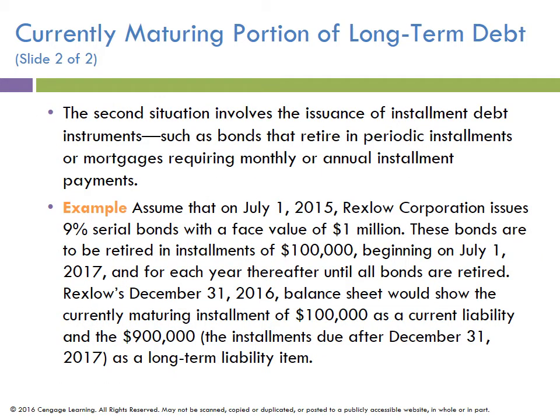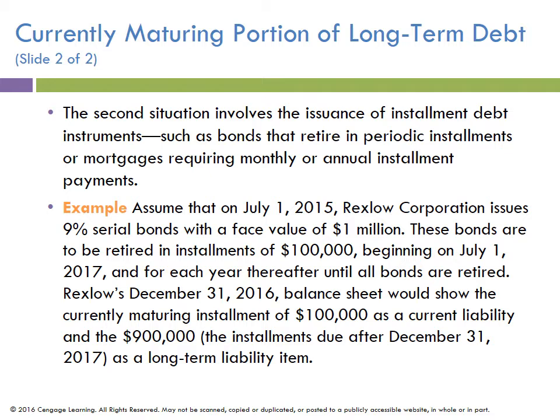Okay. Here's another situation. Assume that on July 1, 2015, Rexlow Corporation issues 9% bonds with a face value of $1 million. These bonds will be retired in installments of $100,000 beginning on July 1, 2017, and for each year thereafter until all the bonds are retired.